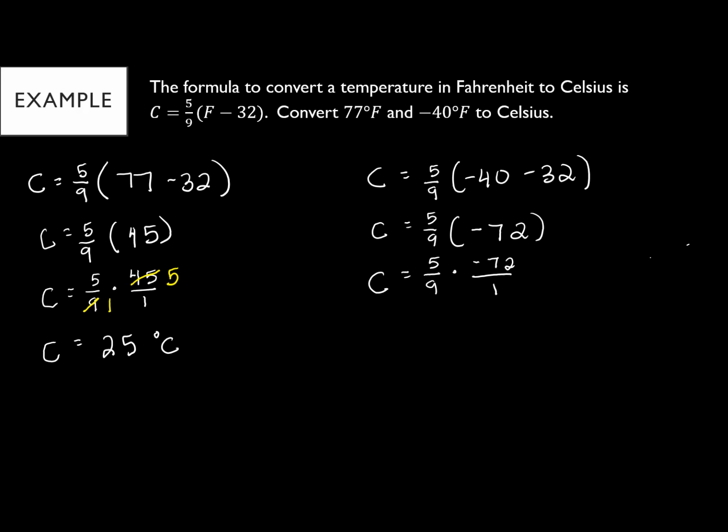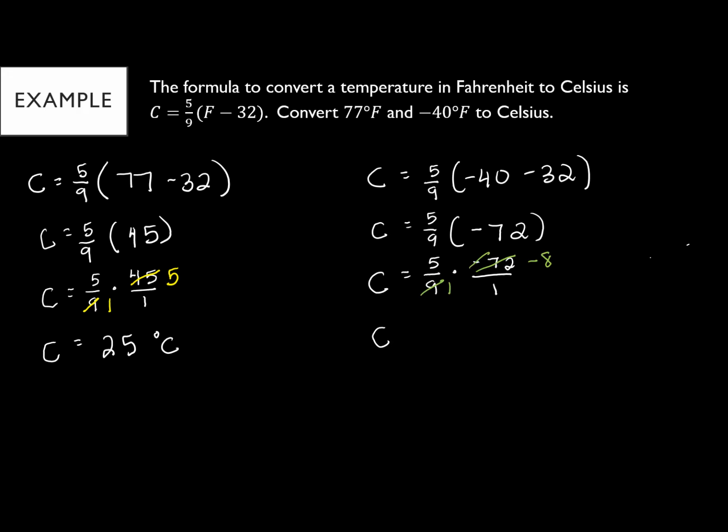So I can write my negative 72 over 1 to make it a fraction here. And I know that I can divide negative 72 by 9. So 9 divided by 9 is 1. Negative 72 by 9 is a negative 8. So I'm replacing negative 72 with negative 8.